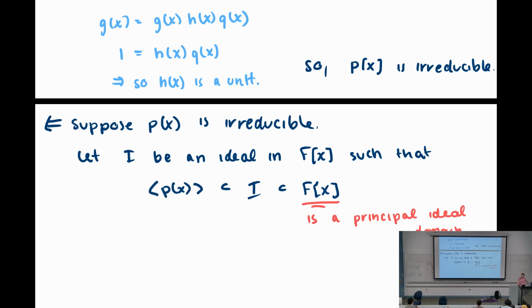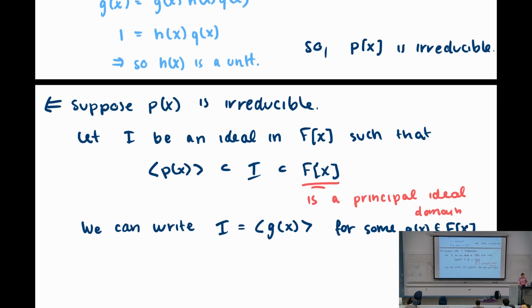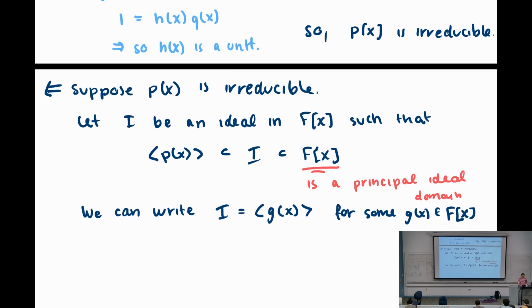So that means that we can write I as the ideal generated by g(x) for some polynomial g(x).